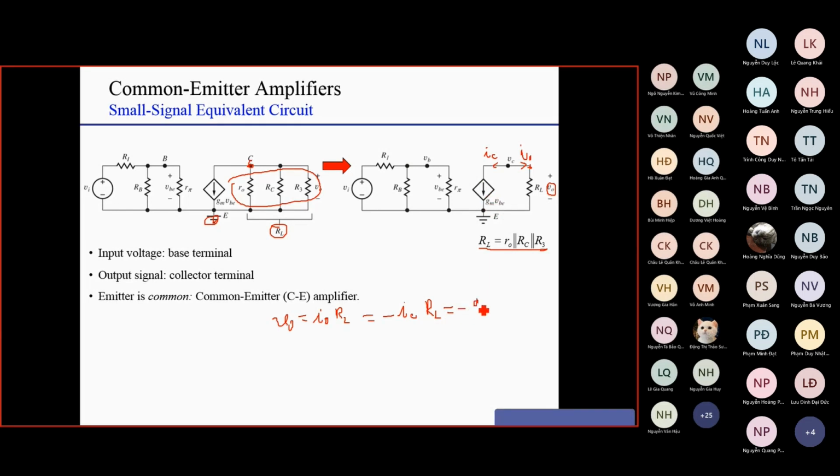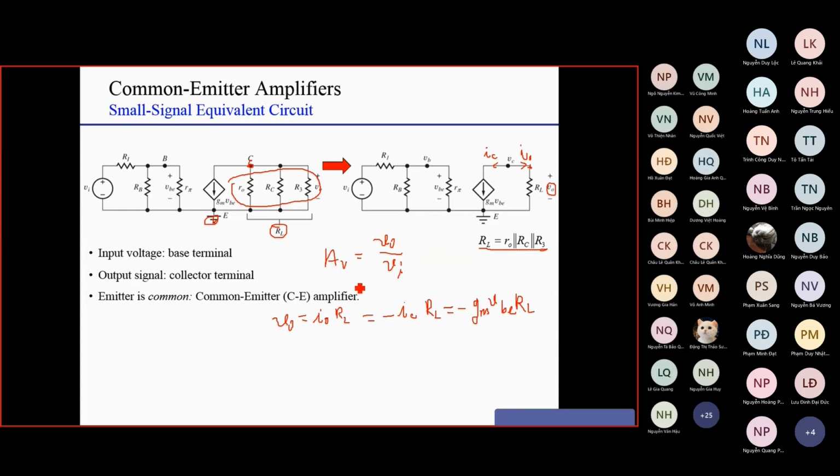So minus GM VBE RL. Okay, so we know VL. Okay, so the voltage gain, we are trying to calculate the voltage gain. AV is equal to VL over VI. Okay.